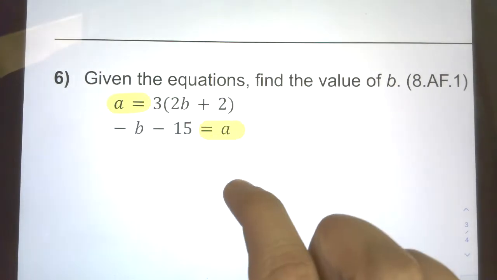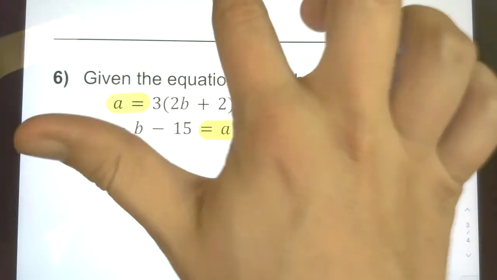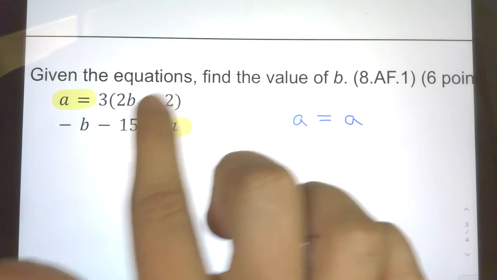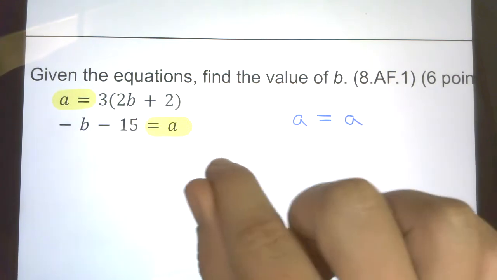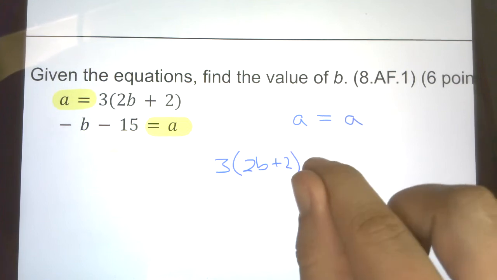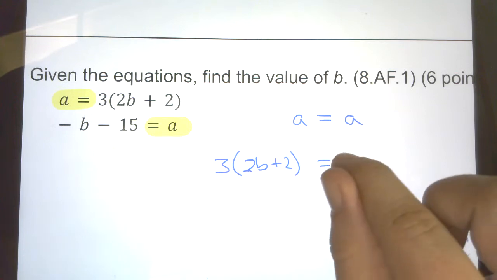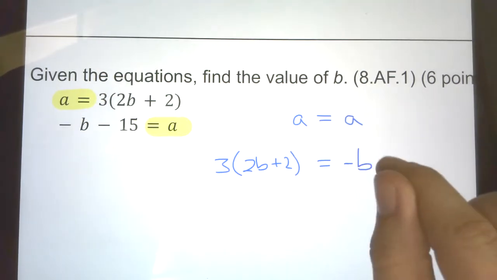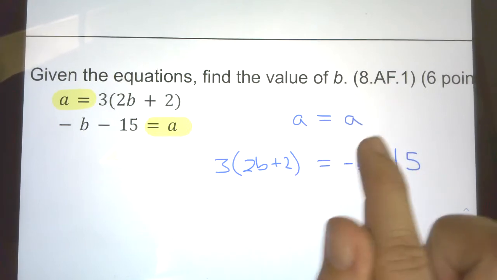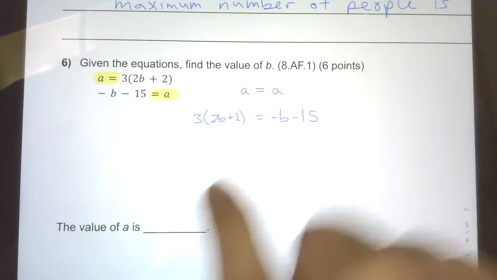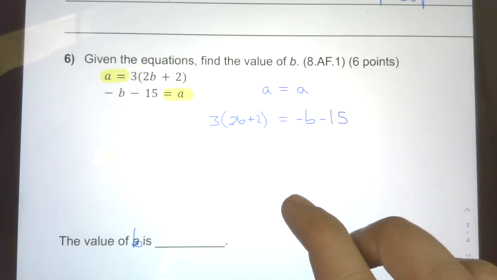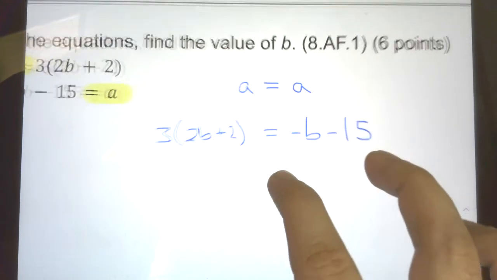Since A is on a side by itself and A equals A, set up your equation such that one of the sides of A is 3 times 2B plus 2, and then the other side of A is the opposite of B, or negative B, minus 15. That's all we need. In this line right here, our A's are gone, so we're just solving for B, which I will edit. We are looking for B, and this is how we do it.